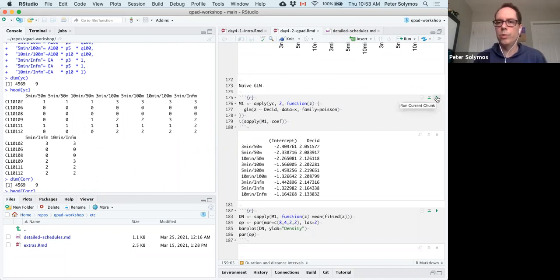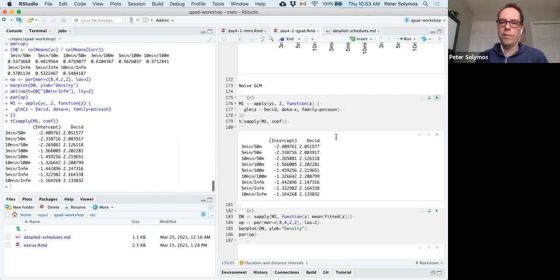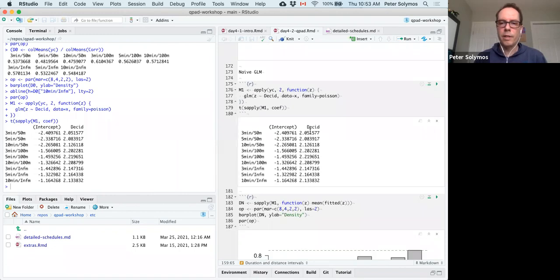This is what we would do naively with the different protocols. You can see these coefficients, that the fixed effect is not changing a lot. There's some difference, again, for these smaller counts here, 3, 5 minute, 50 meter. But here you see 2.2, 2.1, very close.